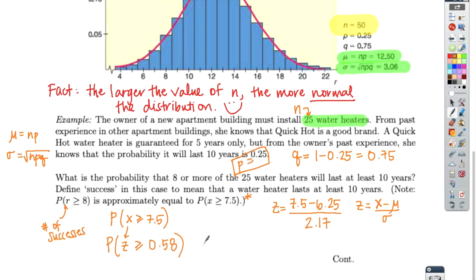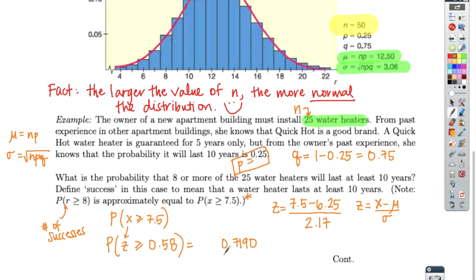Now I'm going to pull out my z table that is in your formula packet, or also in the 7.3 notes. So 0.5 and then scroll over to 8, and I find that the probability associated with 0.58 is 0.7190.